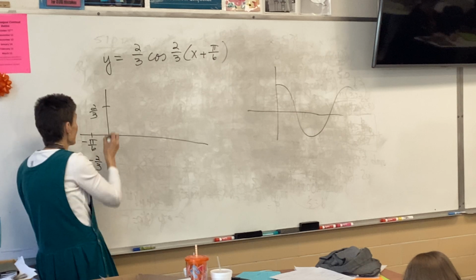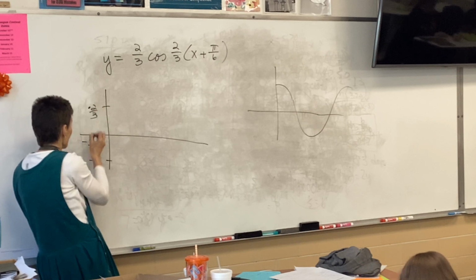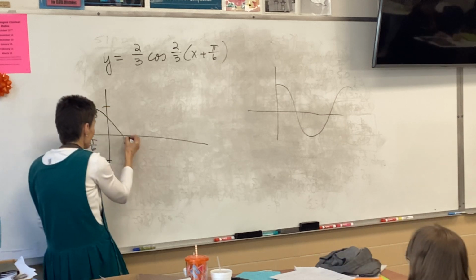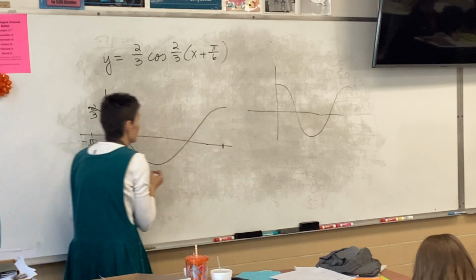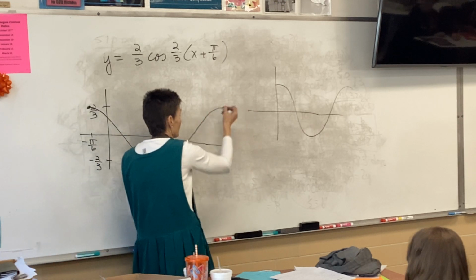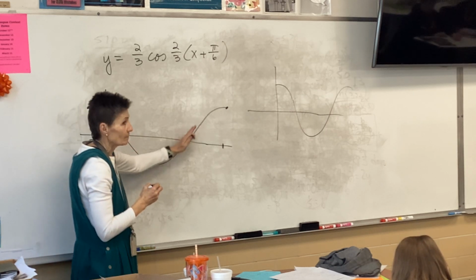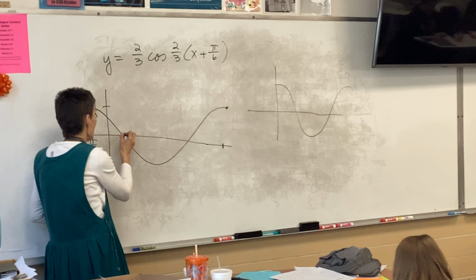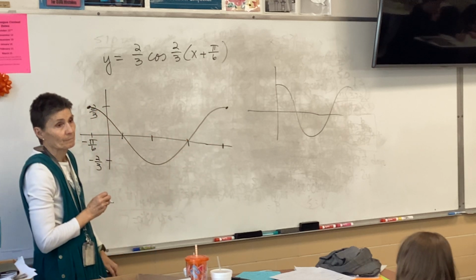That means that instead of starting right here, which is where we normally start, it's starting right there. Now, it's going to look exactly the same. It starts at the top of the hill, it ends at the top of the hill. Now, I'd really like to know where it ends.